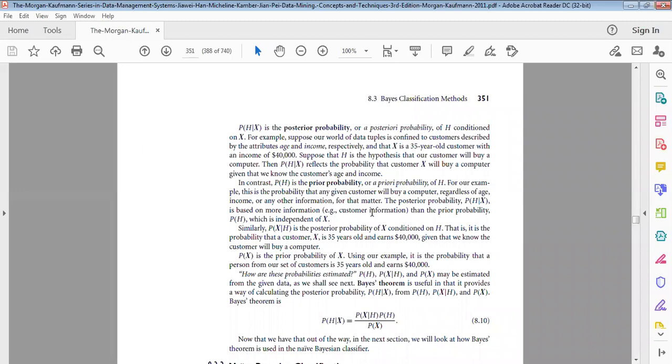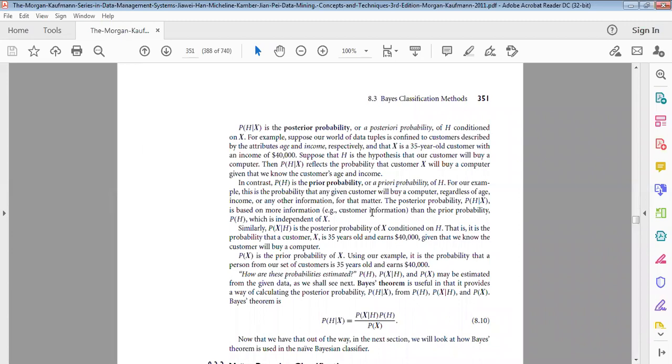Based on all these things, you can represent Bayes theorem. Bayes theorem is useful for calculating the posterior probability, that is the probability of the hypothesis given X, from the probability of H, the probability of X given H, and the probability of X. So this is simply how you represent the posterior probability.